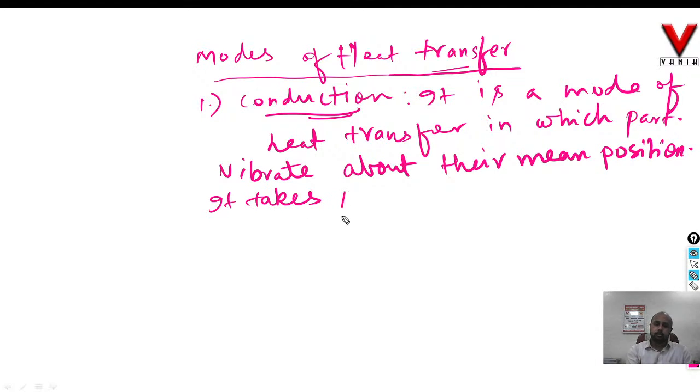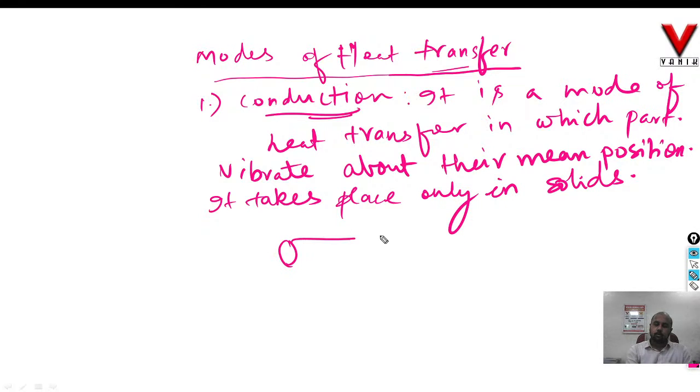It takes place only in solids. I have an iron rod over here. I am heating at this point, so this heat will get transmitted to the other end. Here the molecules will start vibrating about their mean position and energy transmission will take place. This is known as conduction.